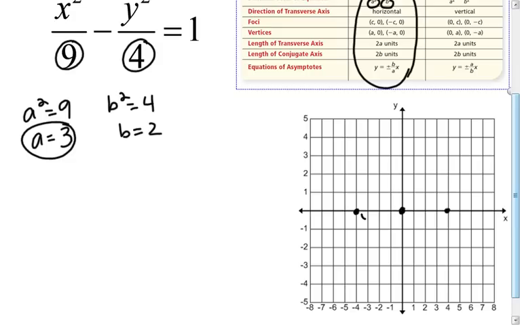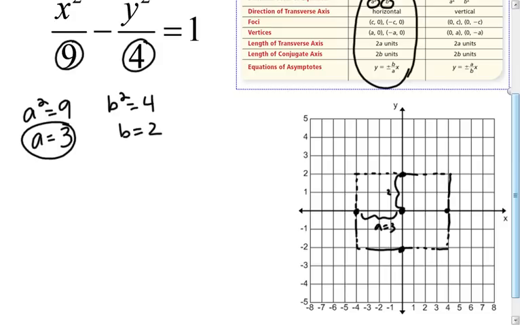And then b will be 2, so b goes along what's called your conjugate axis, so I'm going to go 2 up, 2 down, and I'm going to make myself just a little box that connects all of those dots.